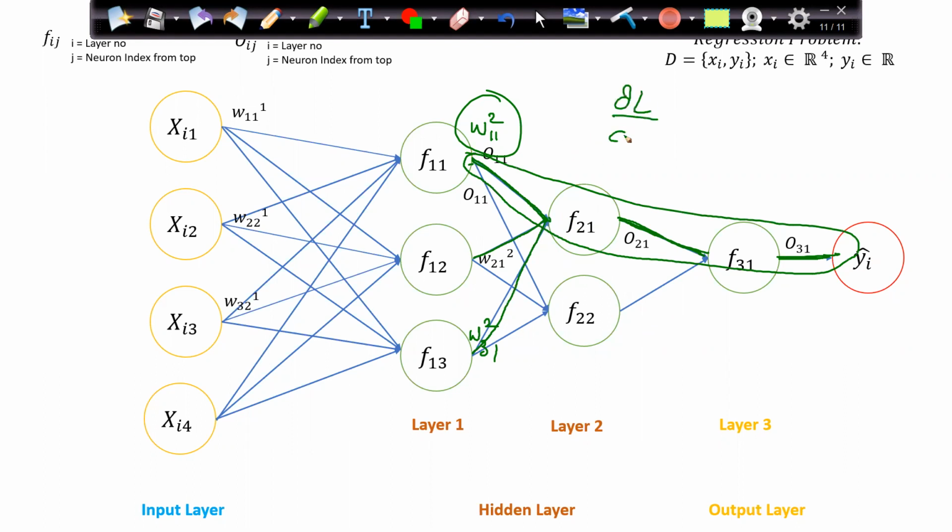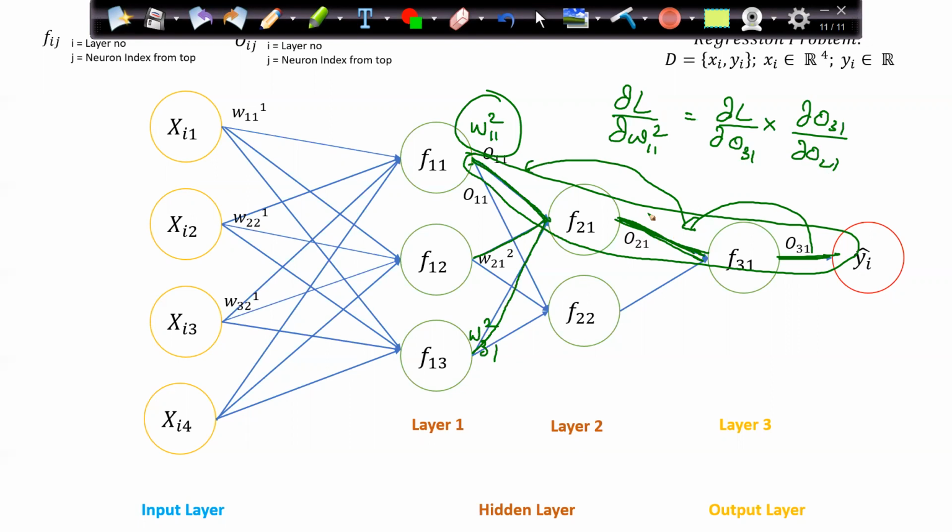So dou L by dou W112 is equal to, I'll go backwards. My dou L will go back and update this value O31. So it is dou L by dou O31 multiplied by dou O31 by dou O21, which is this particular output, multiplied by dou O21 upon dou W112.